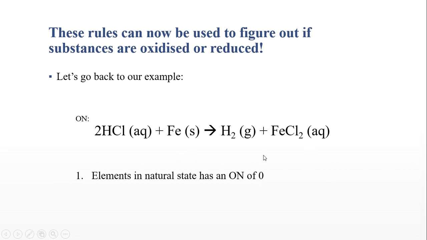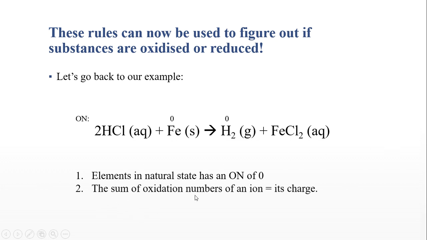So, in this chemical reaction, we have two elements in the natural state. We have iron as pure iron. We have hydrogen gas as pure hydrogen gas, which is how we find hydrogen in nature. So, then we assign oxidation numbers. Every iron atom will have the oxidation number of 0, and every hydrogen atom here will have the oxidation number of 0. 0 times 2 is still 0, so this is for all of it.